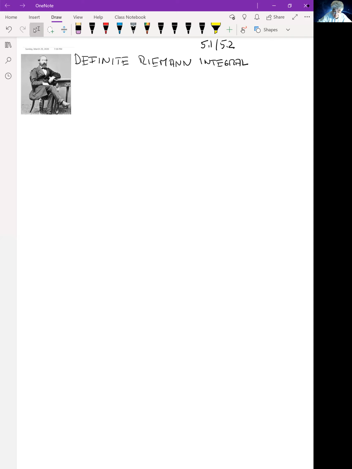Anyway, today sections 5.1, 5.2, the Riemann integral and the definite Riemann integral. To get started, let's take an interval from a to b, and let's divide the interval in n pieces of the same length.